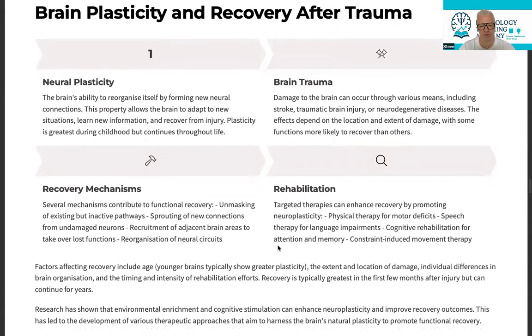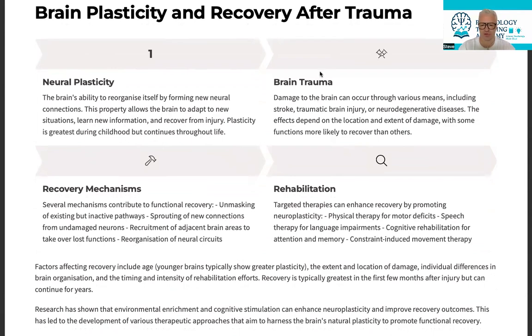Now, just because you damage your brain doesn't mean it's damaged forever. You can get neural plasticity, which is more plastic when you're younger. Basically it means that your brain can reorganize itself and form new neural connections. So, for example, in childhood, it's more supple, more plastic.